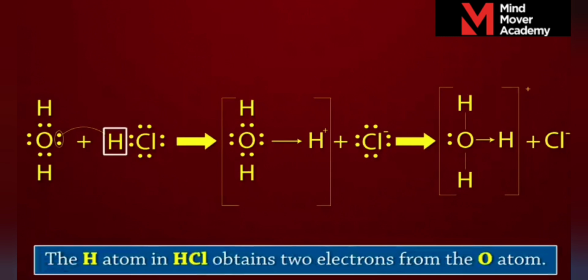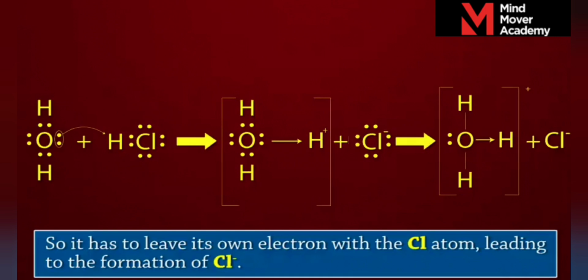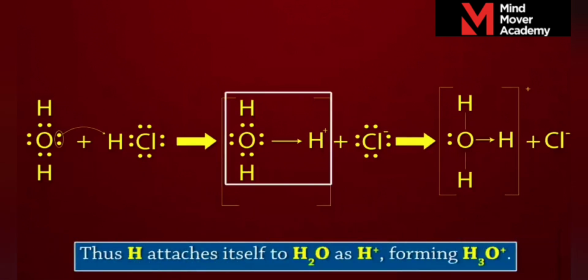The H atom in HCl obtains 2 electrons from the O atom. So, it has to leave its own electron with the Cl atom, leading to the formation of Cl-. Thus, H attaches itself to H2O as H+, forming H3O+.